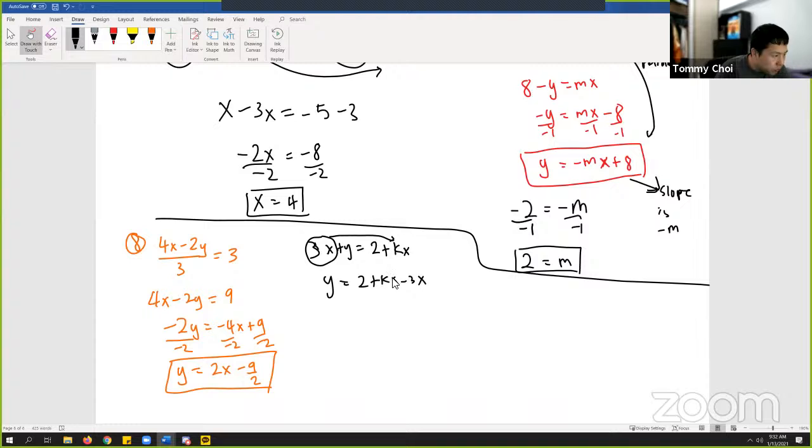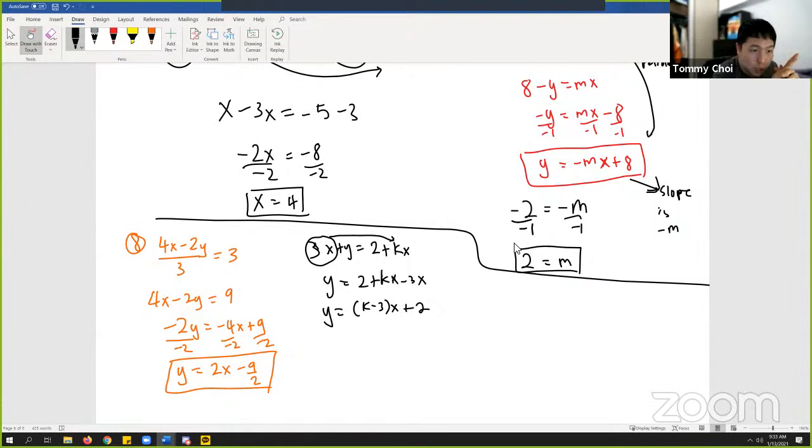Now for here, if k was a number, we could subtract 3. Right? We are allowed to combine like terms. The issue is k is a letter. It's a variable. We don't know what k is. So what you can do is something like this. And let me explain. I can combine like terms, kx minus 3x, assuming k is a number.